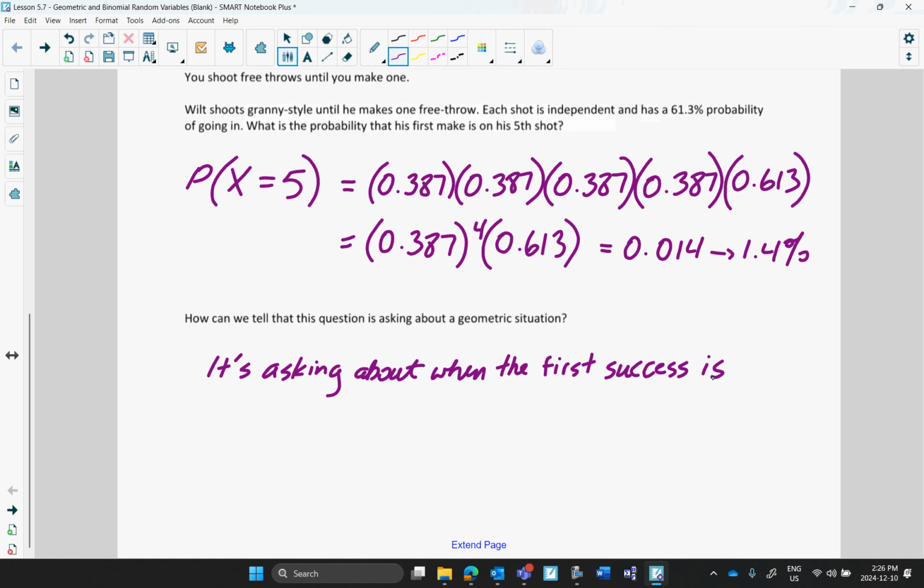And you're doing an unlimited number of trials until you get a success. So I could have said, what's the probability that he makes it on the 15th try, the 100th try? It just keeps going until we define when a success is.